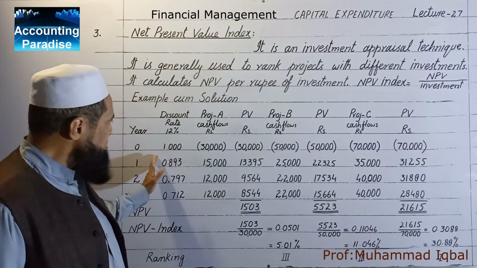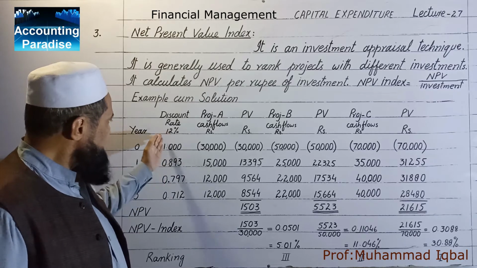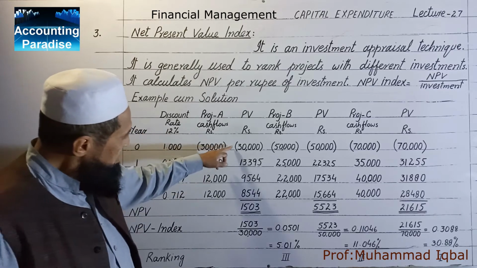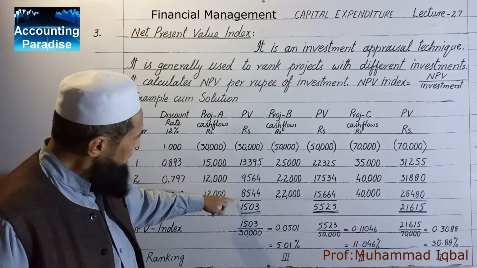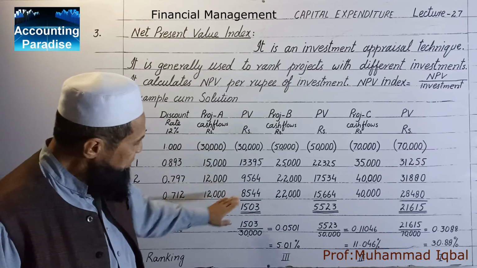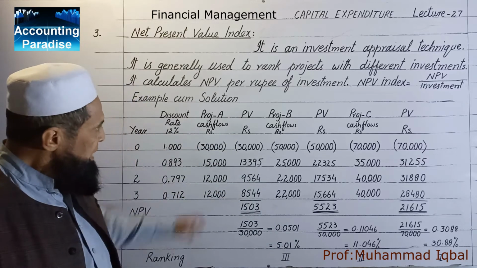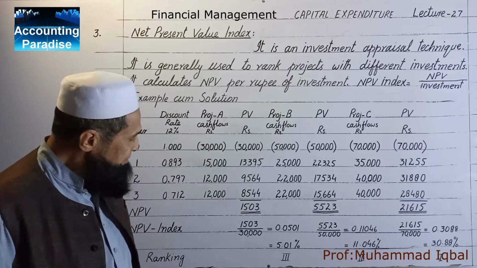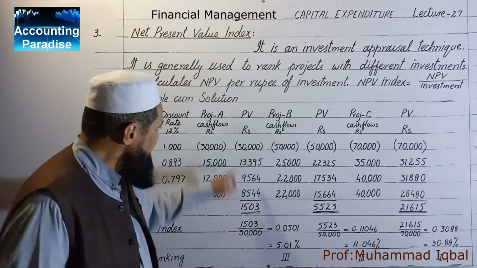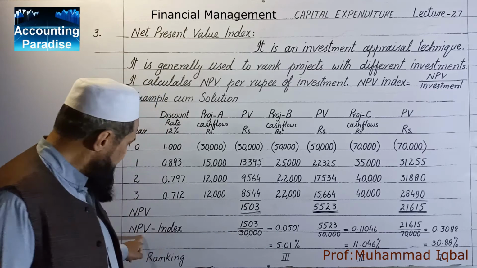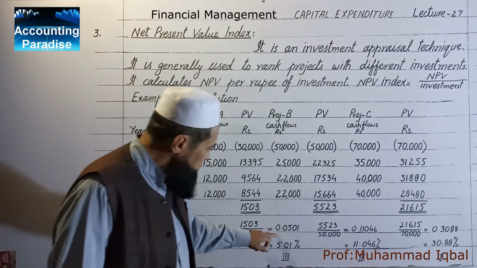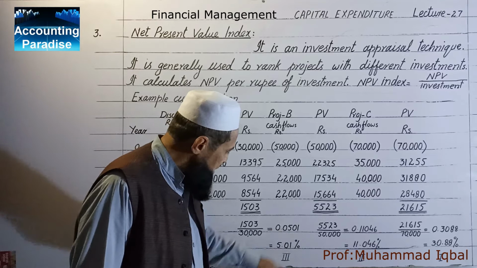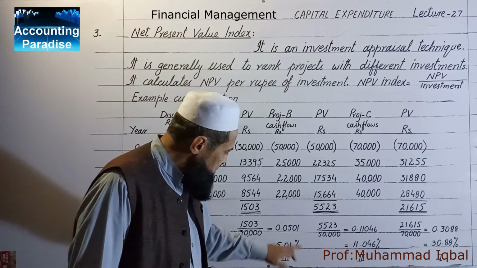When we discounted this at the rate of 12%, we got the present value of these cash flows. In case of project A, net present value comes to 1503. When we divide it by investment, the net present value index comes to 0.0501, which is equal to 5.01%.